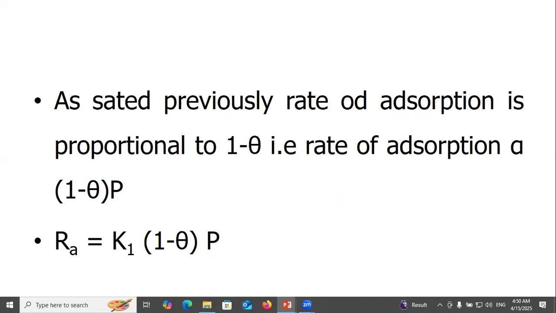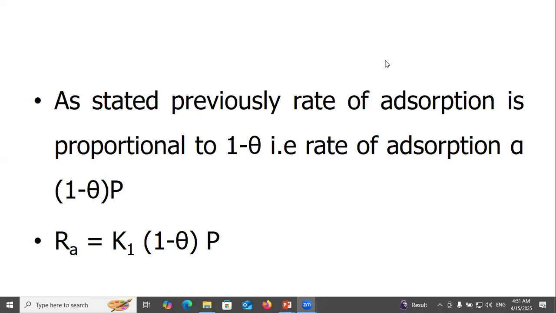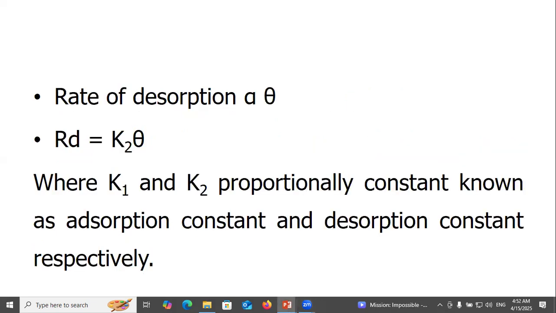As stated previously, the rate of adsorption is proportional to 1 minus theta, that is, RA equal to K1 (1 minus theta) P. The rate of desorption is proportional to theta, RD equal to K2 theta, where K1 and K2 are proportionality constants known as the adsorption constant and desorption constant respectively.